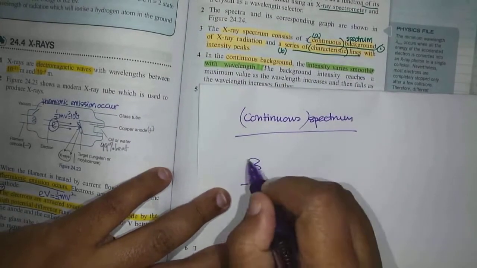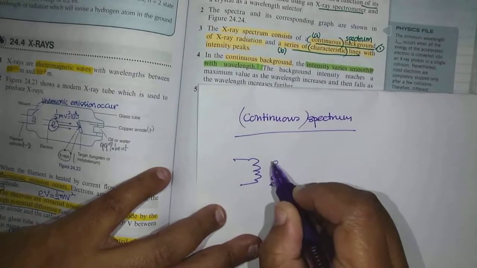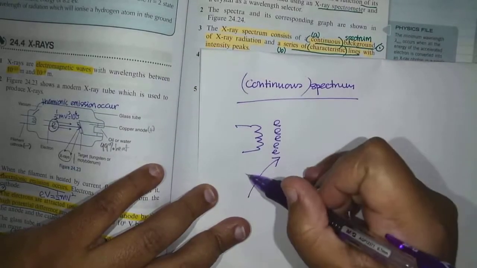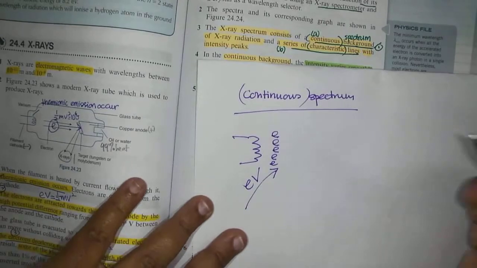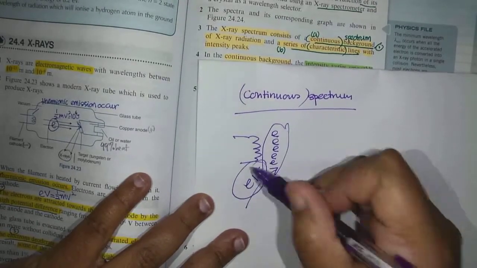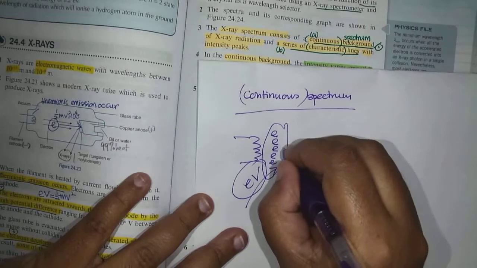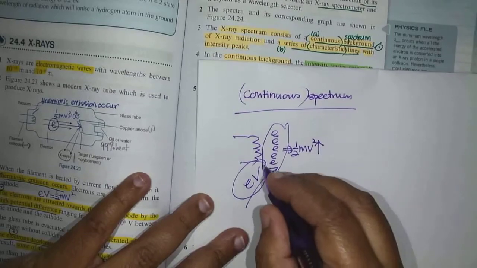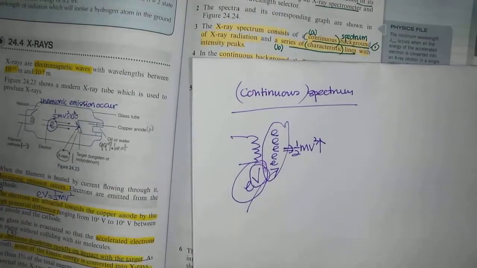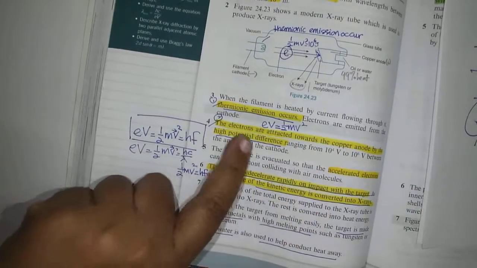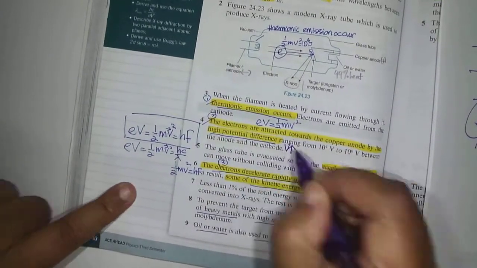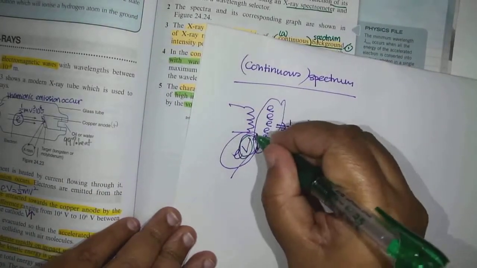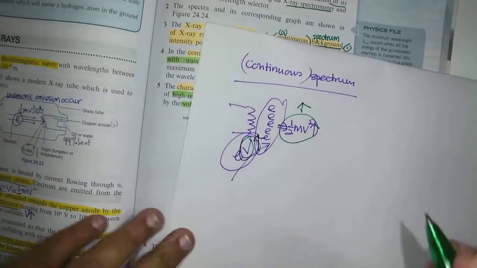When the filament, due to thermionic emission, releases the electron, eV is given to the electron. The electron will absorb the eV and convert it to very high kinetic energy, because the potential difference given is very high. Here they say high potential difference, that means V is very high, therefore kinetic energy is also very high.